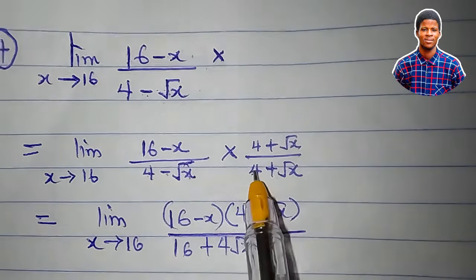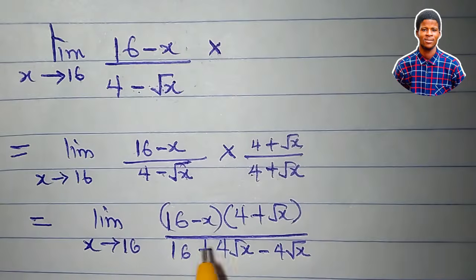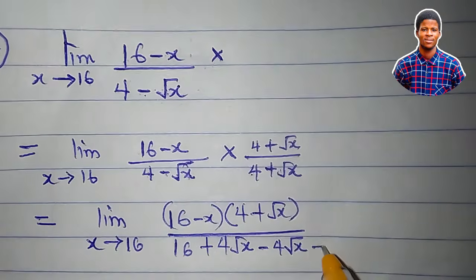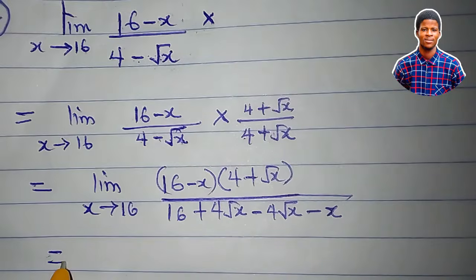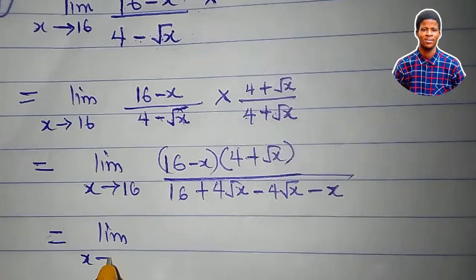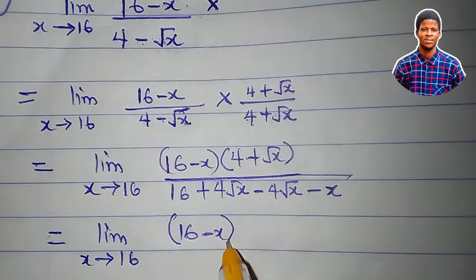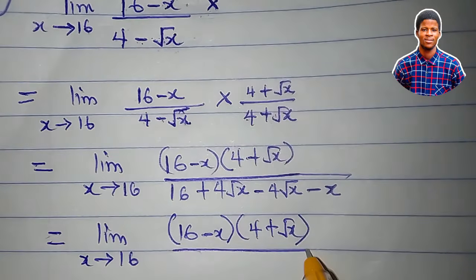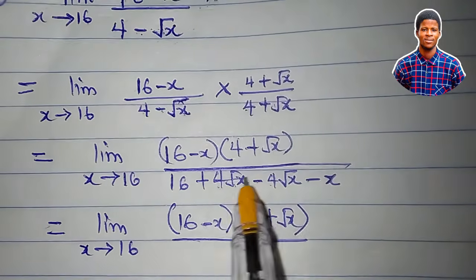Minus root x times 4, minus 4 root x. Then minus root x times root x is minus x. And this is equal to the limit as x approaches 16 of 16 minus x, 4 plus root x, divided by 16 minus x, where the 4 root x minus 4 root x cancel out.